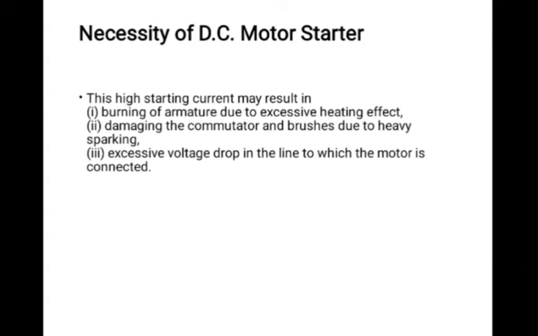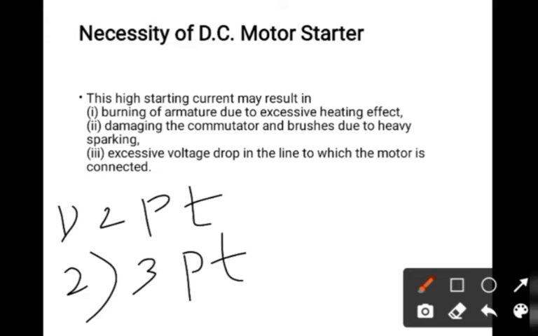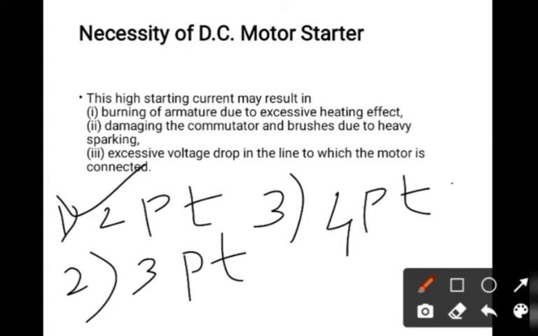Now we will see the types of DC motor starter. The first type is the 2-point starter, the second type is the 3-point starter, and the third type is the 4-point starter. Generally, the 2-point starter is used to start a DC series motor, the 3-point starter is used for a DC shunt motor, and the 4-point starter is used for a compound motor.